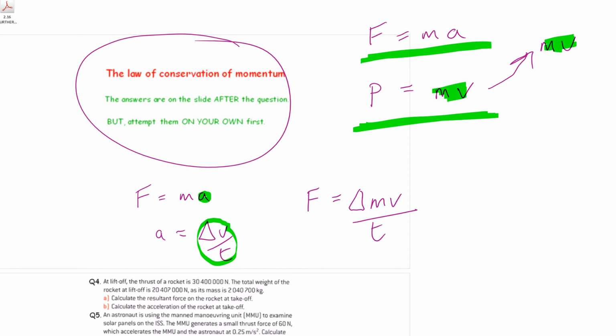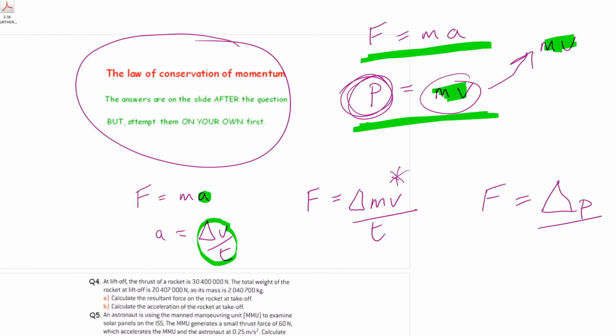Now we know that m times v is momentum. M times v is momentum, which is given the symbol p. We've got m times v here. So the change in m times v is the change in momentum divided by the time.